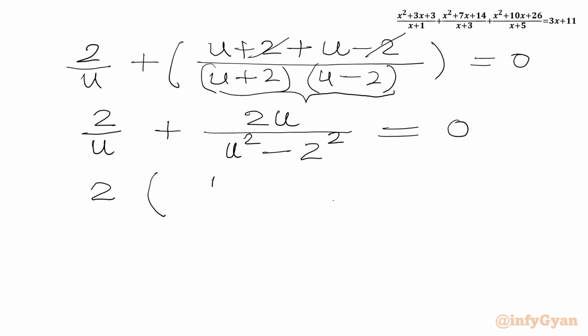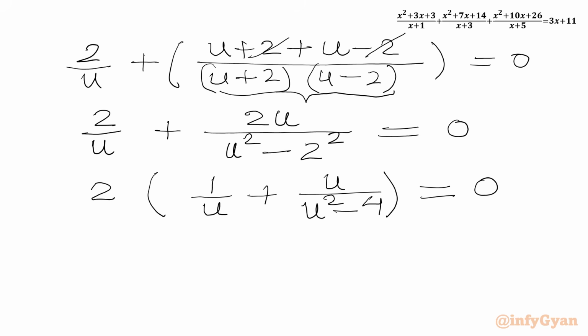So in the bracket we will write 1 over u, plus u over u square minus 2 square, which is 4, equal to 0.